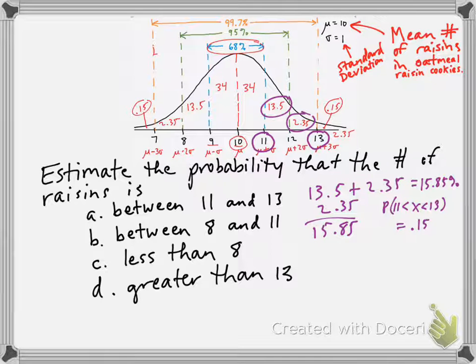So that would be approximately 0.1585, because probability questions are always answered with a number between 0 and 1. So the bottom line is that's how we answer the question as a percentage, and that's really all there is to it.